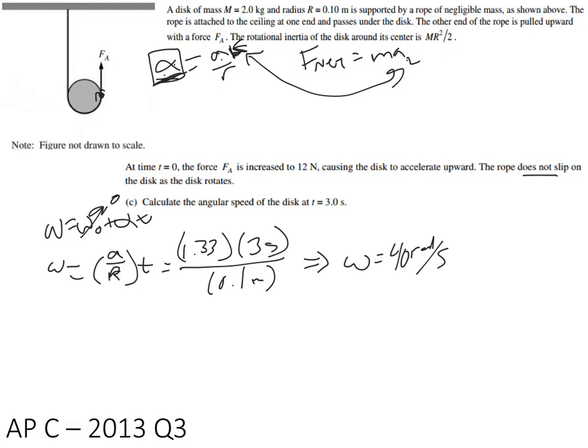40. So you end up getting 1 point for using that equation and getting it to here, and then 1 point for this. Remember, you do have to know what that term means, does not slip.